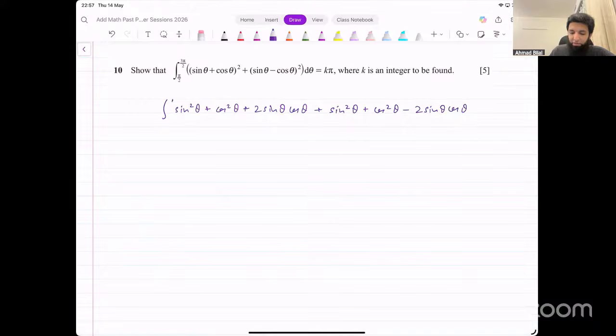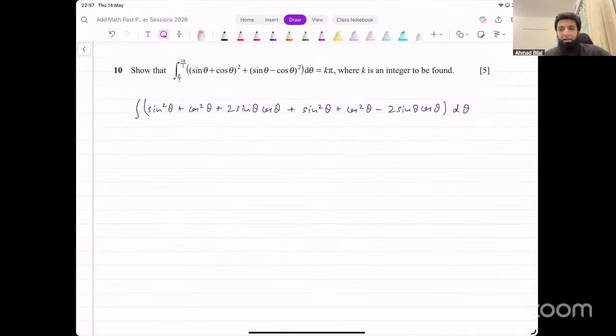Now you see something interesting happens here, that these two terms get cancelled. It looked so complicated just by looking at that expression, but you just expand that and now you see what's happening. 2 sin theta cos theta minus 2 sin theta cos theta, they get eliminated.